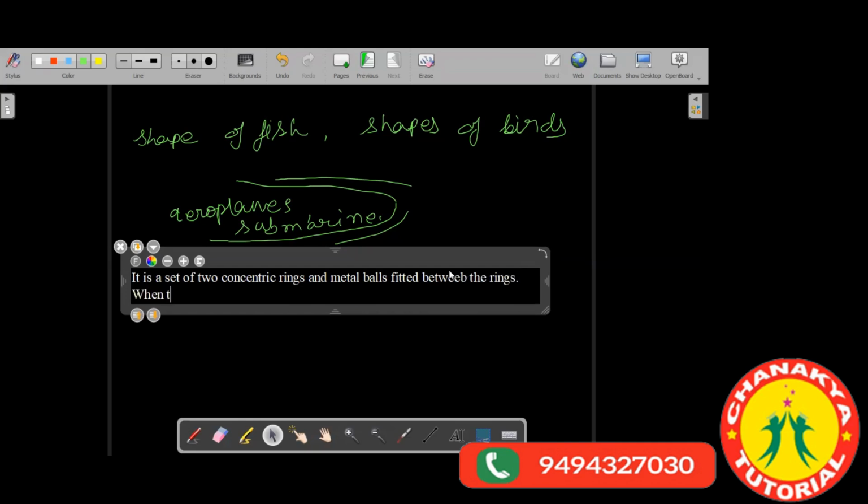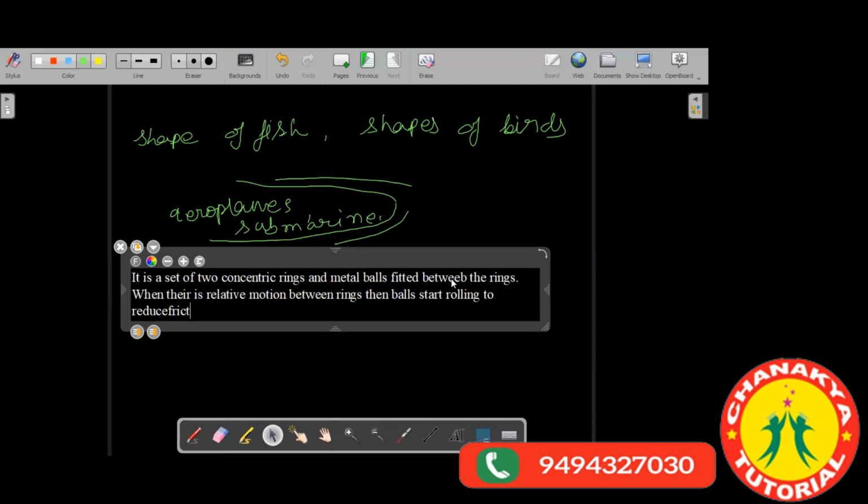When there is relative motion between the rings, then the balls start rolling to reduce friction.